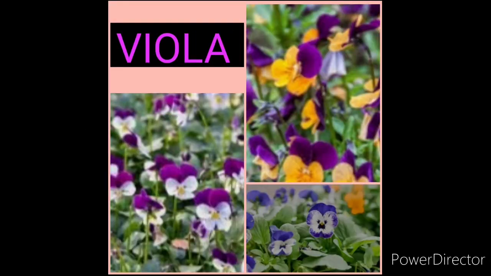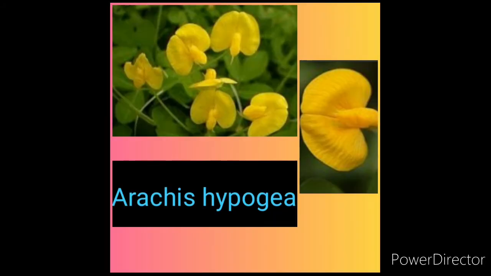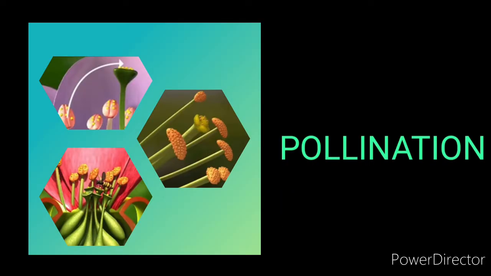These two types of flowers are produced in some common plants like Oxalis, Viola, Commelina, Arachis hypogea. In this type of pollination, the pollinating agents are absent.